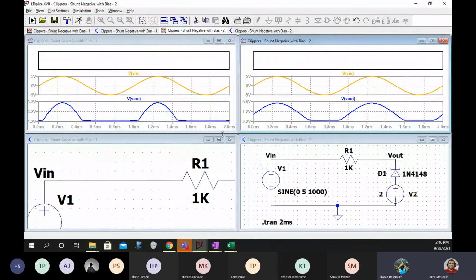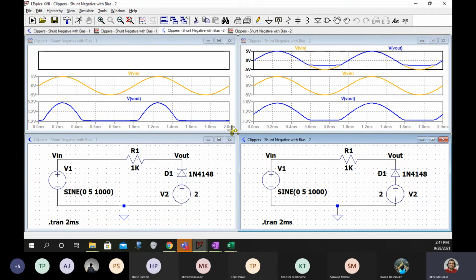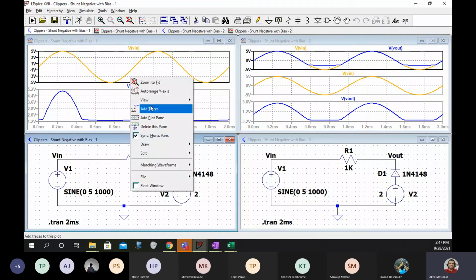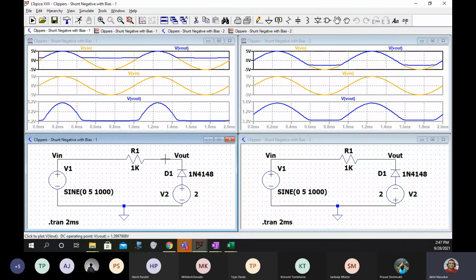Sir, wait, I will share my screenshot. See, you can see now.